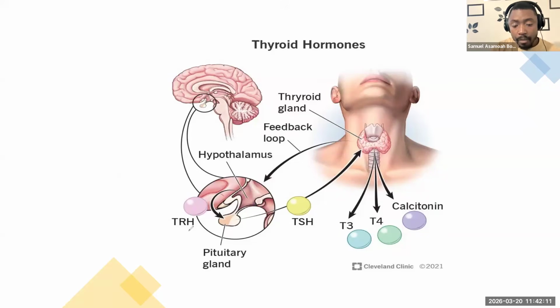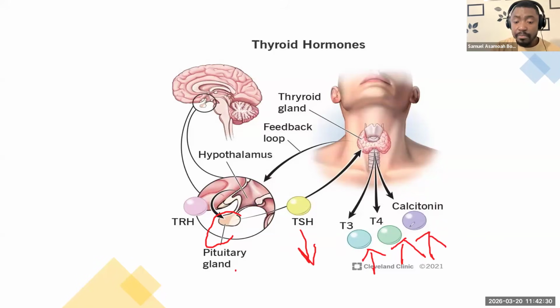Okay, so the thyroid stimulating hormone from the pituitary gland, when we think we have too much of the T3, T4, and calcitonin, this TSH from the pituitary gland will come down. Guys, do we agree to that? Yes, sir.